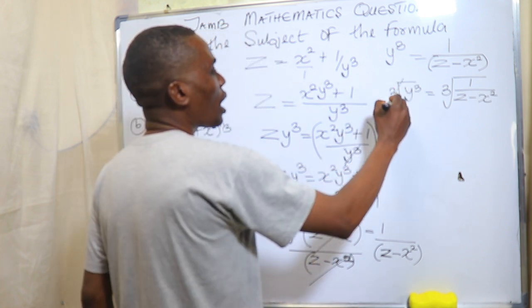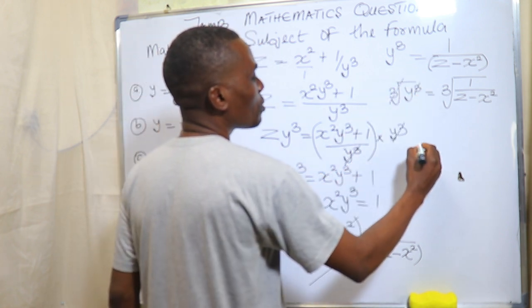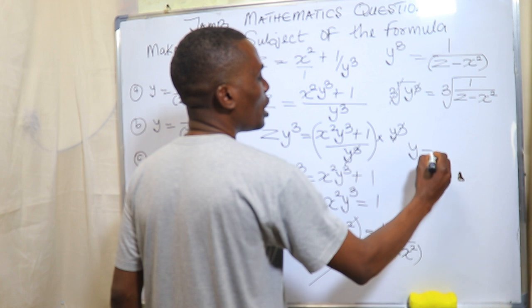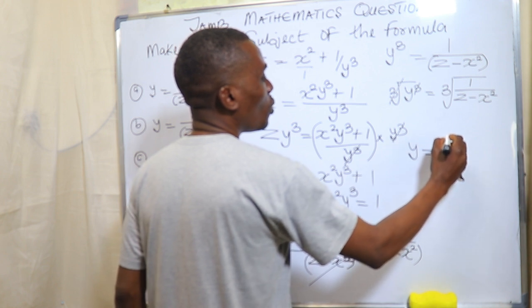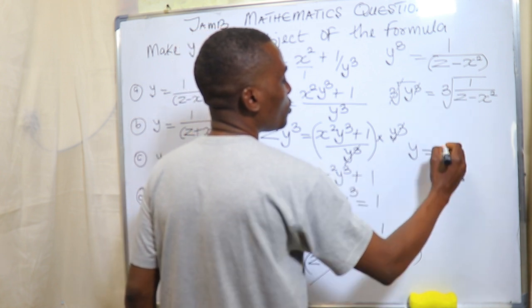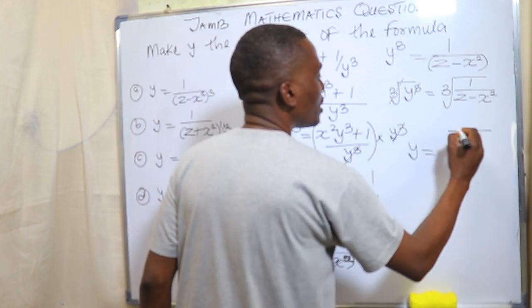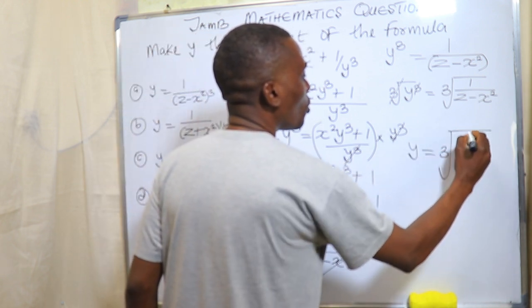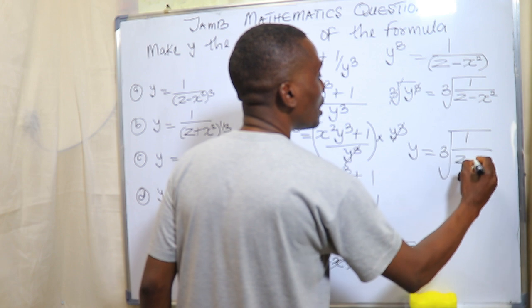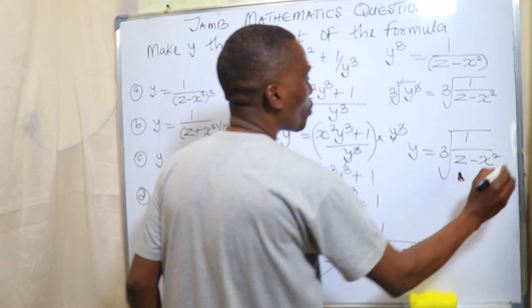So if this cube root cancels this cube, then I will get my y to be equal to the cube root of 1 divided by z minus x squared.